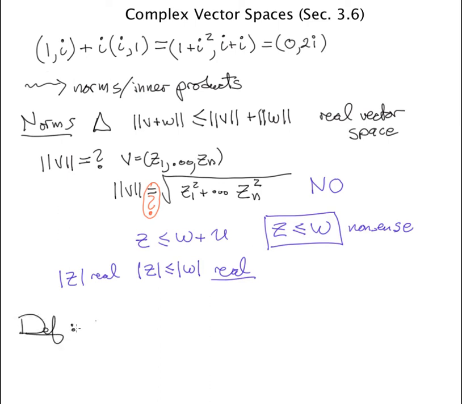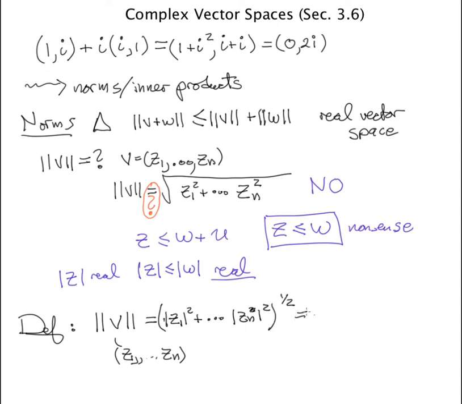The definition is that the norm of a vector v, if it's in Cn, is the absolute value of z1 squared plus, and so on, plus the absolute value of zn squared, and then the square root of the whole thing.